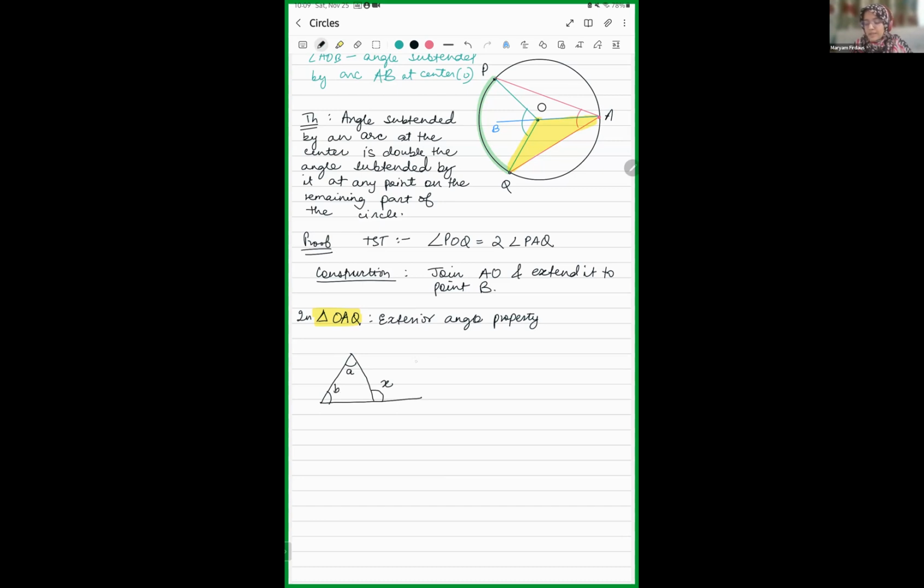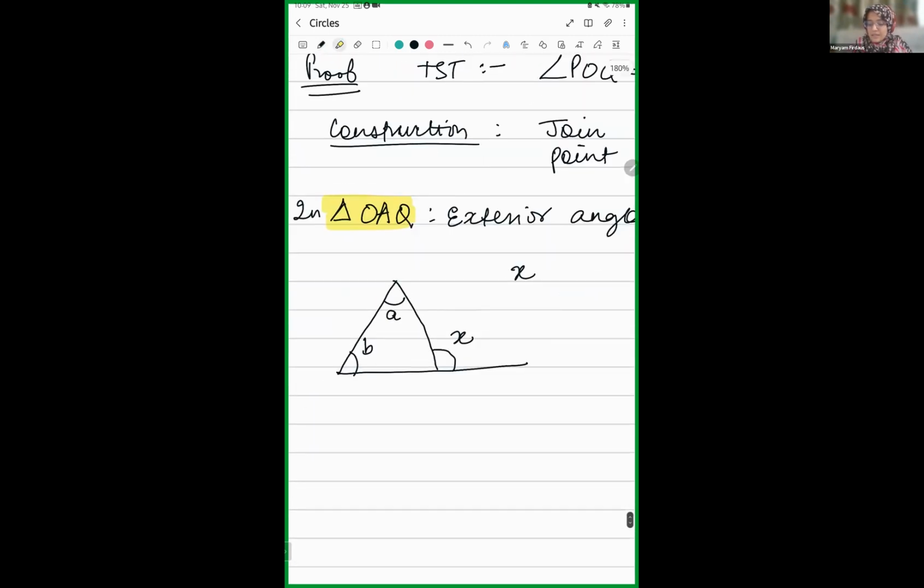Exterior angle property says basically that the exterior angle, which over here is x. A triangle has interior angles and exterior angles. This is an interior angle, meaning inside the triangle. This is also an interior angle, and this one is also an interior angle. We are talking about an exterior angle. Similarly, over here also you will have an exterior angle, but we are just concerned with this one.